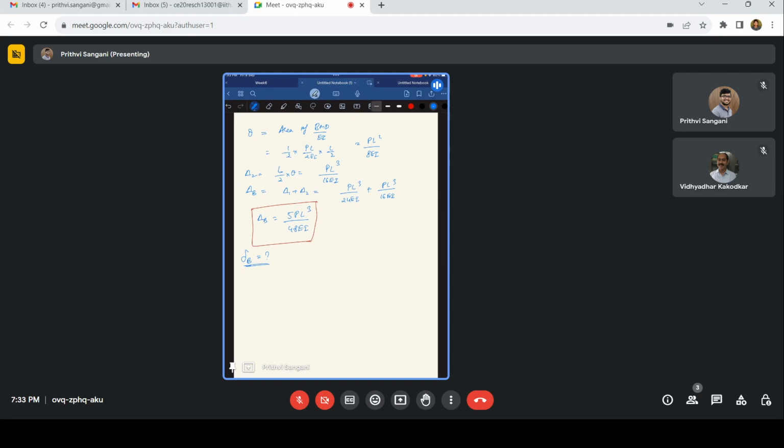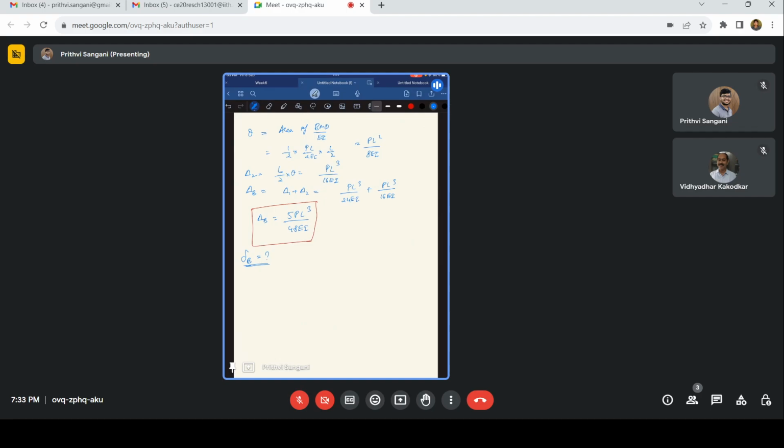Now, let us say if you have a portal frame, only a portal frame. So you have three unknowns here. What about internal here? Like you have 1, 2, 3.